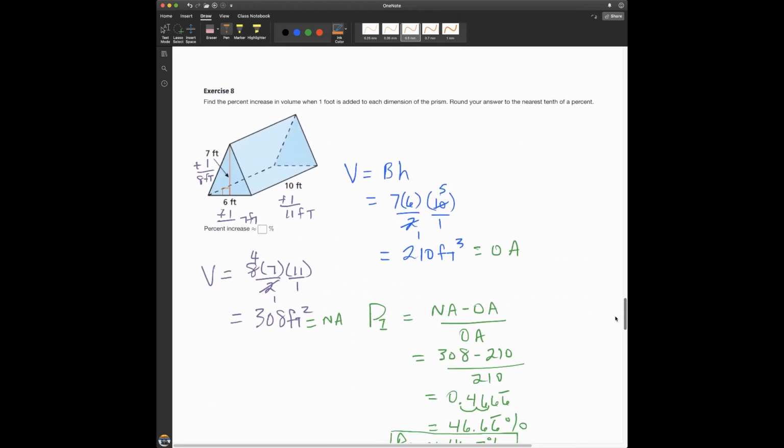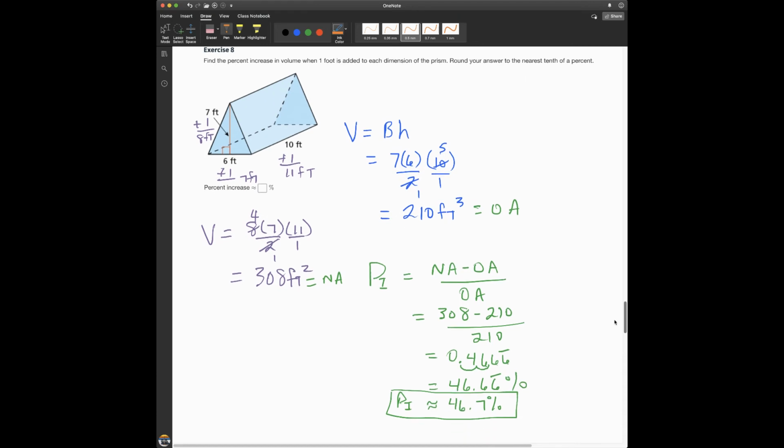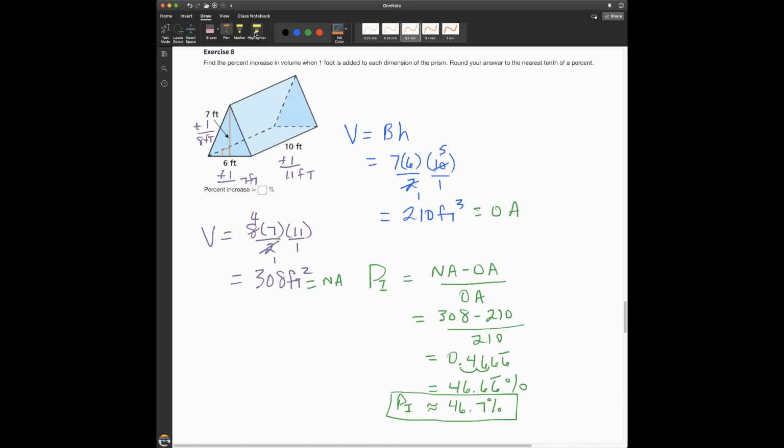Number 8, find the percent of increase in volume when 1 foot is added to each dimension of the prism. And make sure you round your answer to the nearest tenth of a percent. So we have to go all the way back to chapter 6 and borrow a formula to find the percent of increase.